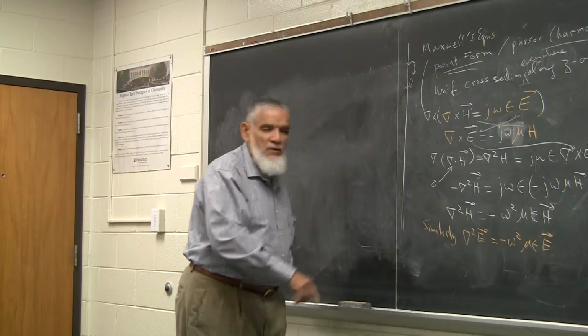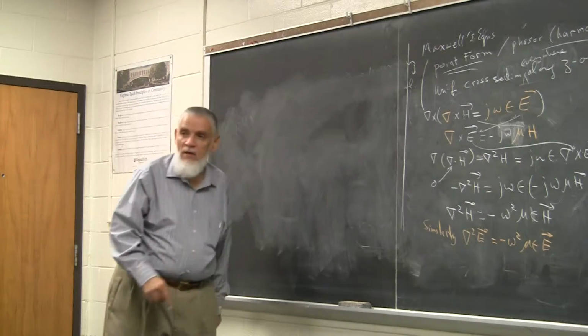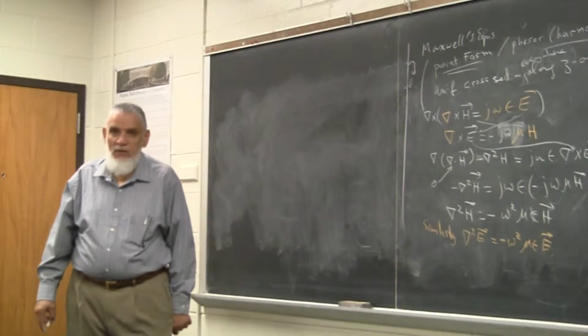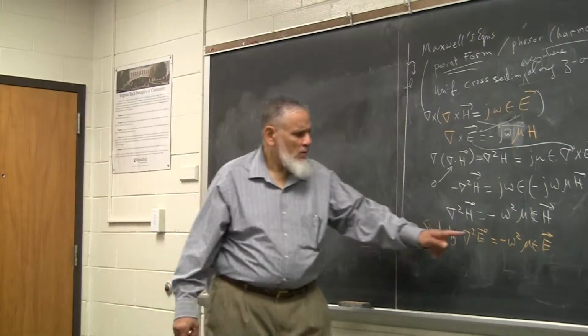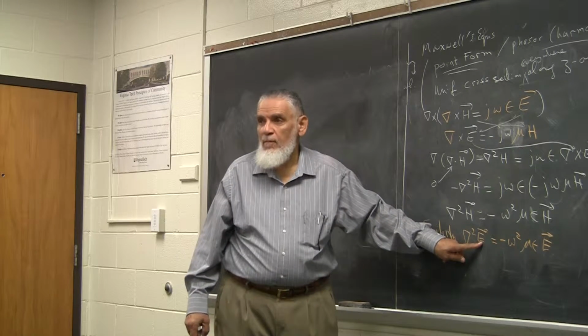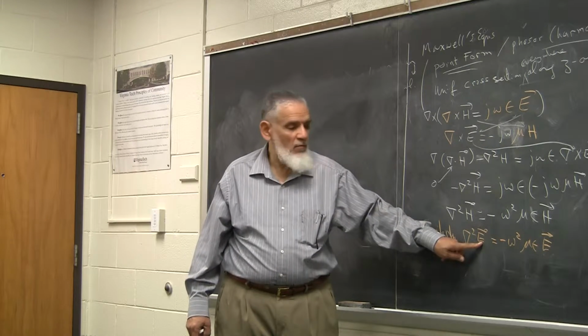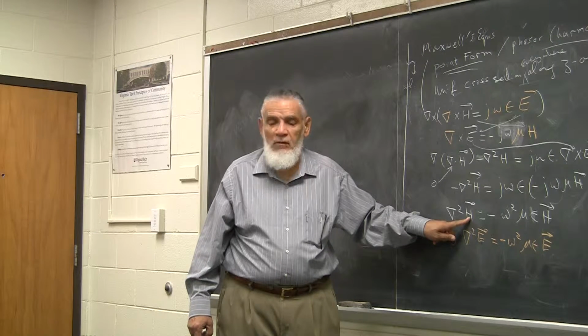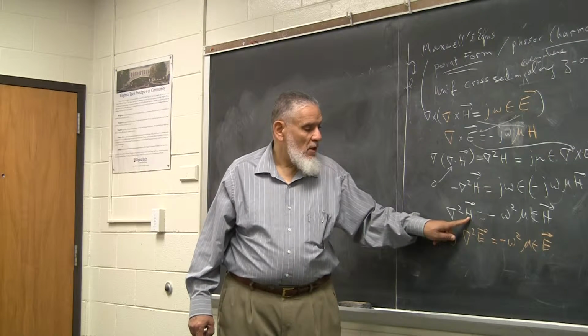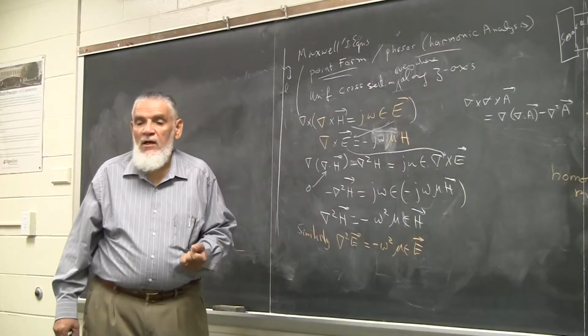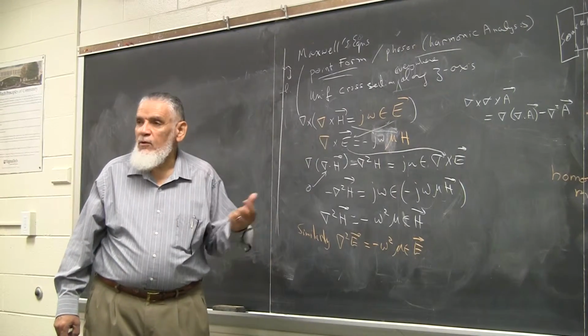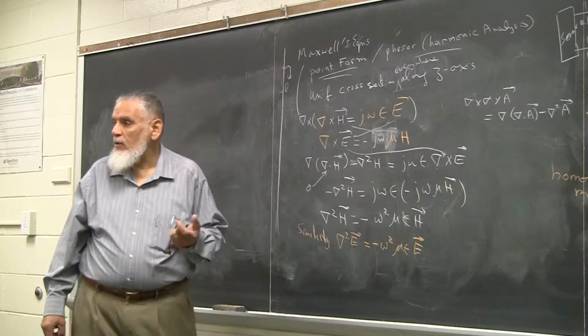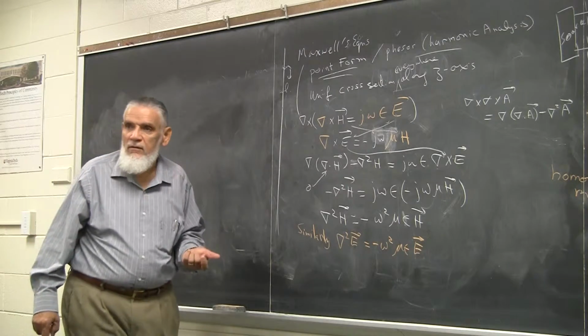If I take any of these equations, they are really 3 equations in one, because that's a vector. That's Ex, Ey, Ez, and this is also another vector, Ex, Ey, Ez, Hx, Hy. If we take either one of them and discuss, for some reason, we always get more comfortable working with the electric field rather than the magnetic field.